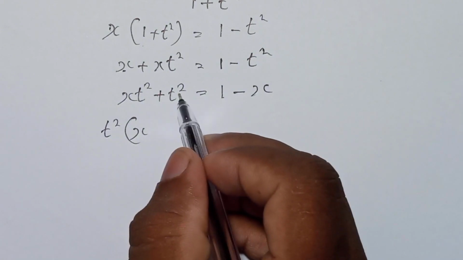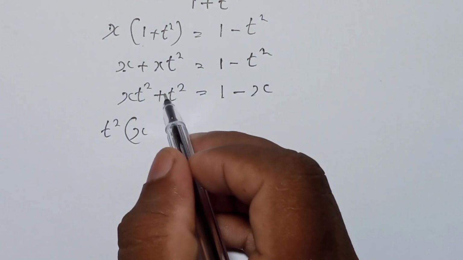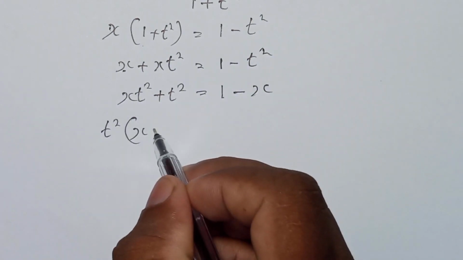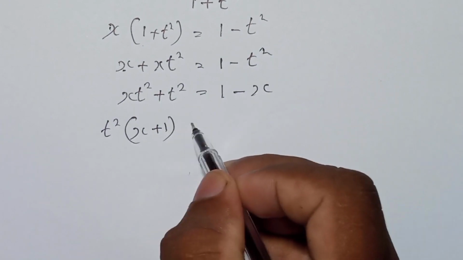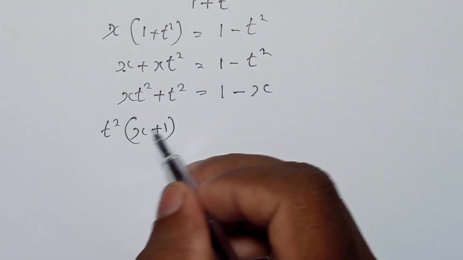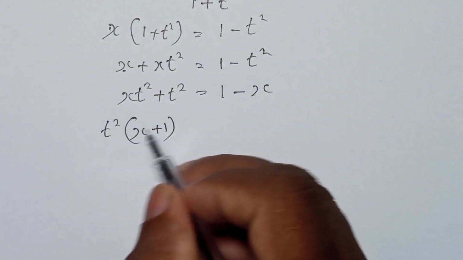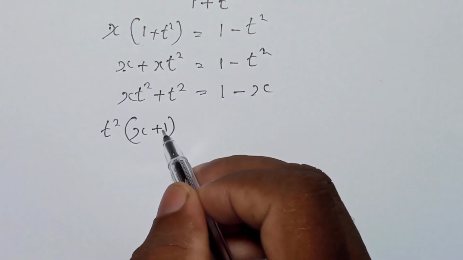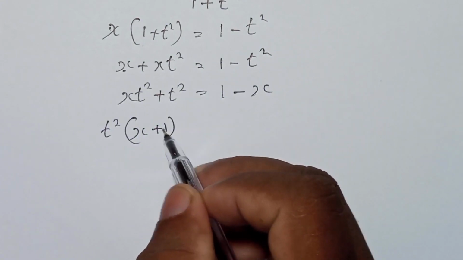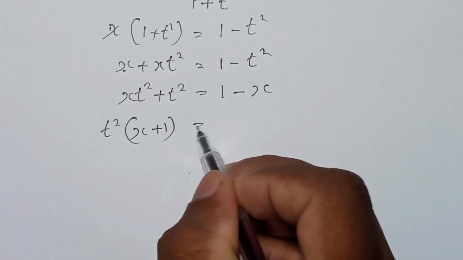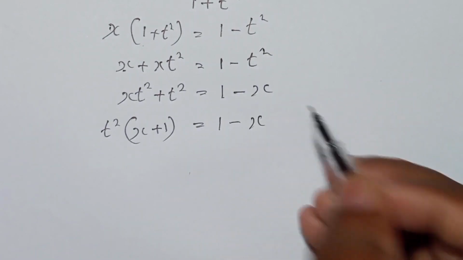Here 1 into t square, normally we can think of a coefficient, but the value in front of t square should be 1. So if I get t square outside, here will be plus 1 remaining, right? Or otherwise you can think t square multiplied with these two terms, you need to make these two terms again, right? So that's why here it must be 1. Then now you can get t square into 1 t square, like that. Okay, now here 1 minus x.